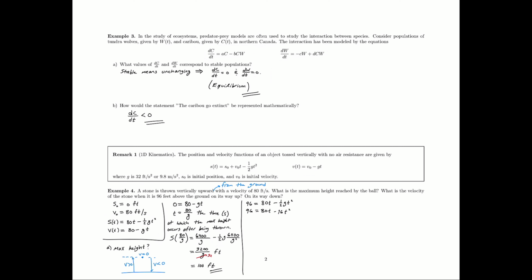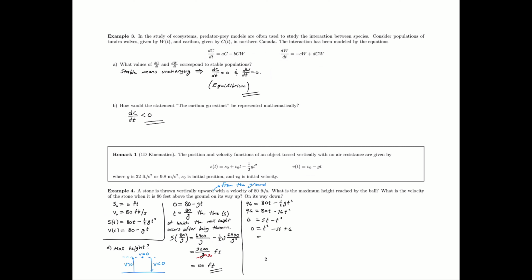So if we divide everything by 16, we should get 6 equals 5t minus t squared. And if we just rearrange this, we can make this say t squared minus 5t plus 6.